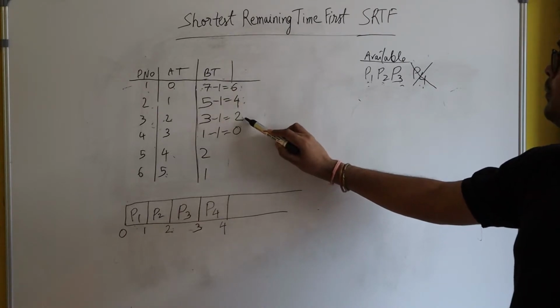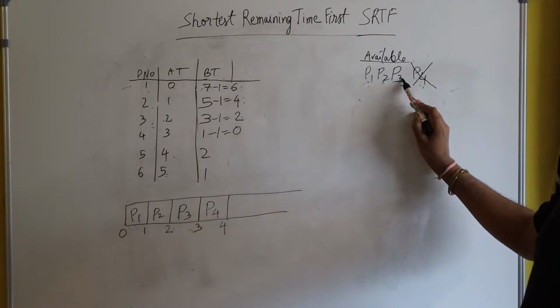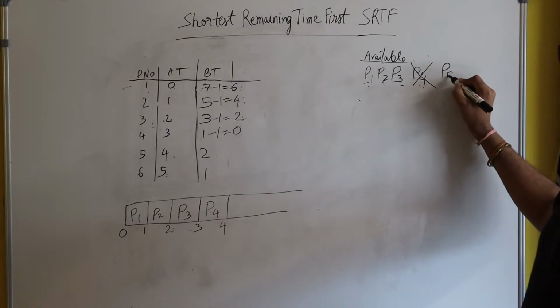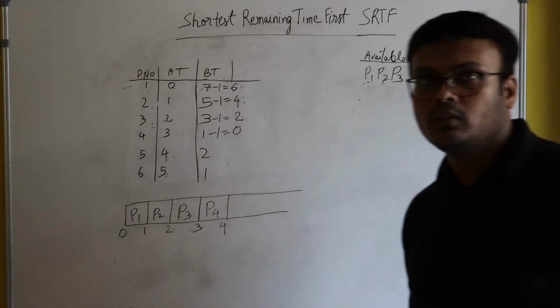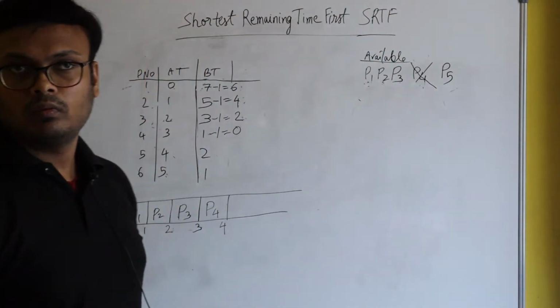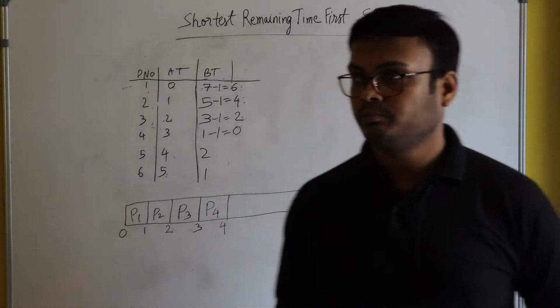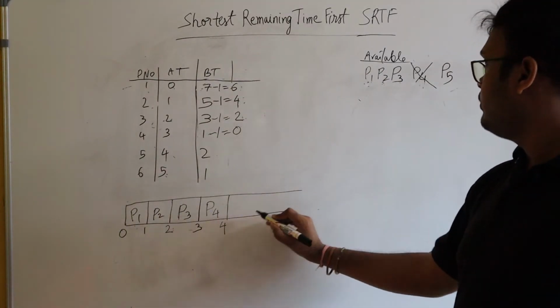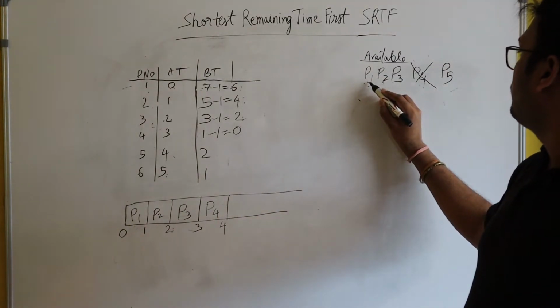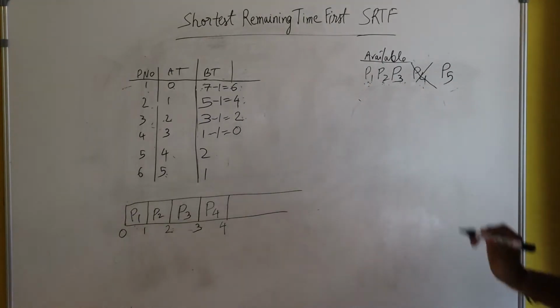P1, P2, P3 and P5. Okay. Is it visible? Okay, fine. So here we have four processes: P1, P2, P3, P5.